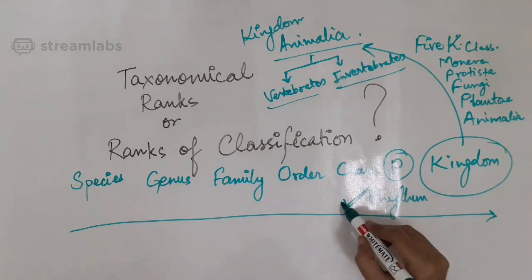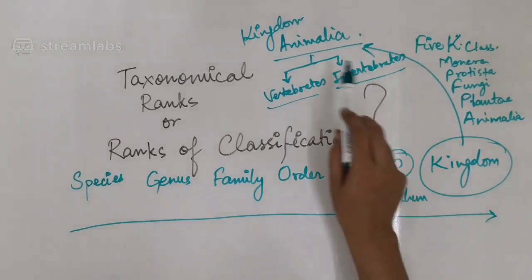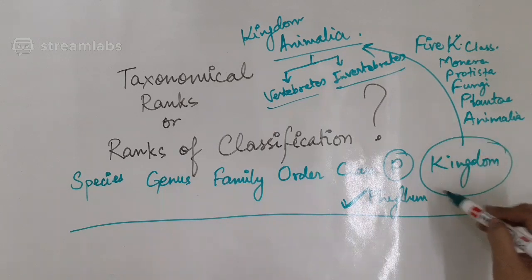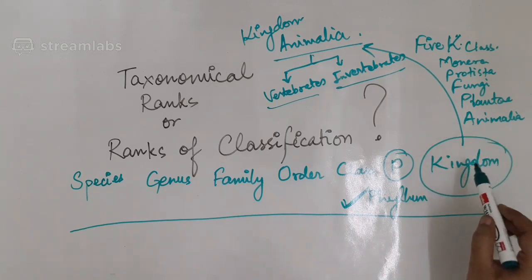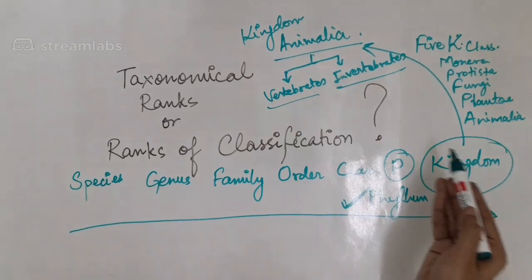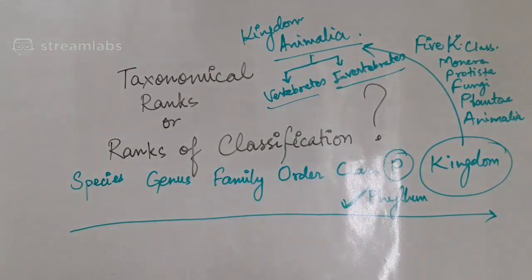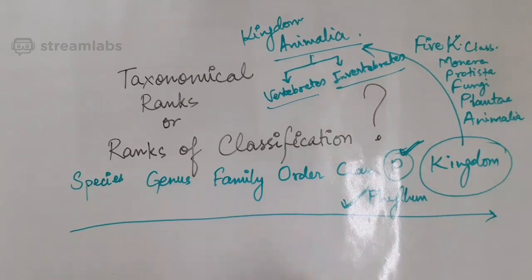Now we will be studying about the phylums of the kingdom Animalia, and going towards the lower ranks of classification. Right now we are discussing about the kingdom, the phylums.